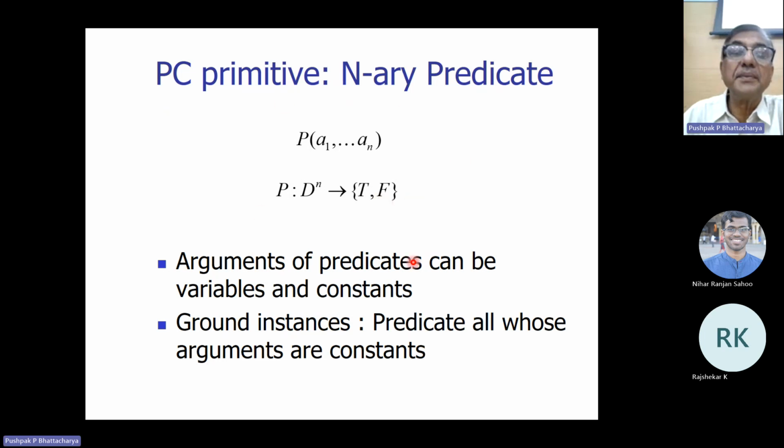This is the formalization of the predicate. And the arguments of the predicates can be variables and constants. There is no restriction on that. When for a predicate, all arguments are constants, this is called a fully instantiated predicate or grounded predicate. Predicate, all whose arguments are constants.